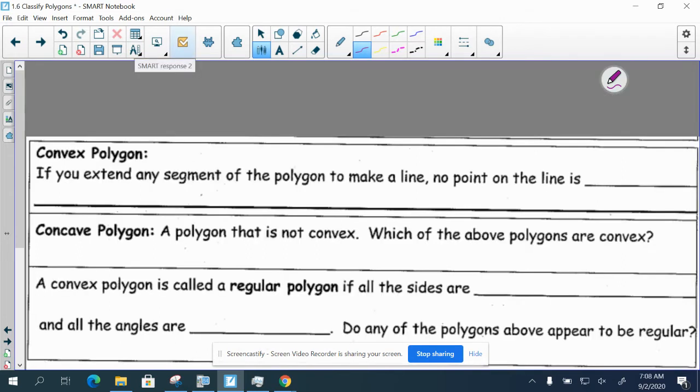So for a convex polygon, if you extend any segment of the polygon to make a line, no point on that line is on the interior of the polygon.